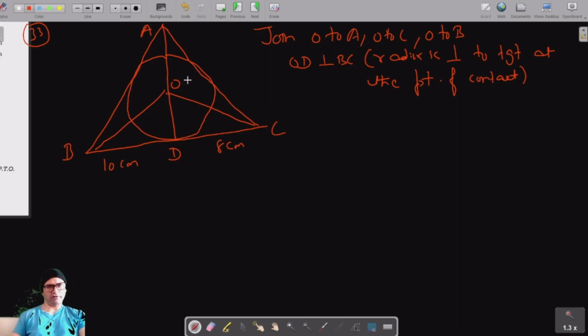Similarly, if we draw the respective radius from O to AC, let's say the points of contact are E and F. So similarly, let's join or draw OE perpendicular to AC and OF perpendicular to AB, and OE and OF are the radii.